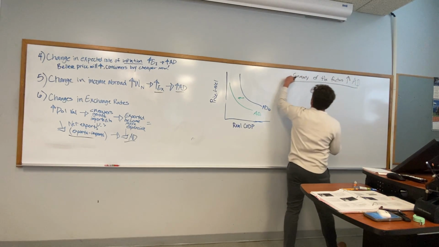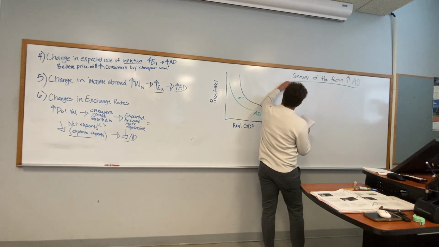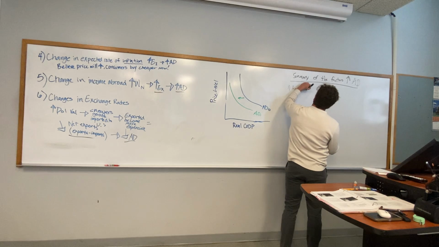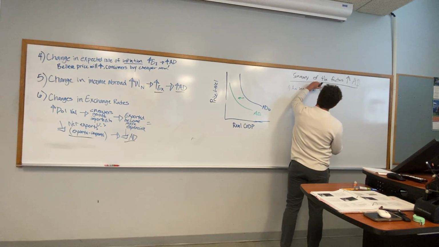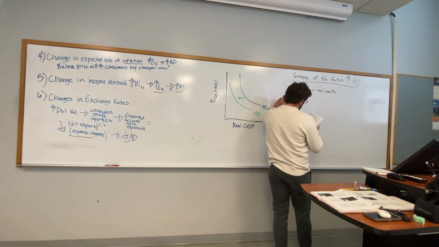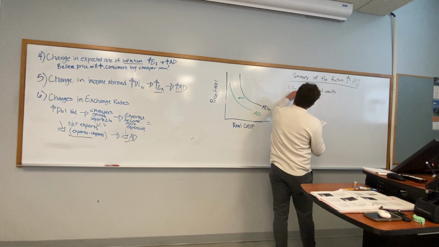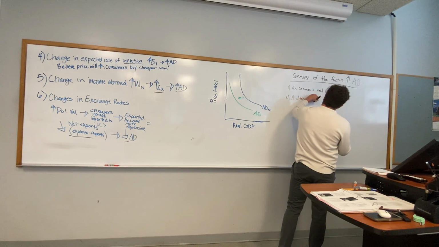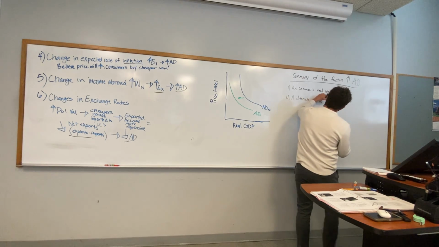So these are only the factors that increase. So what increases it is, 1, an increase in real wealth. 2 is a decrease in the real rate of interest.